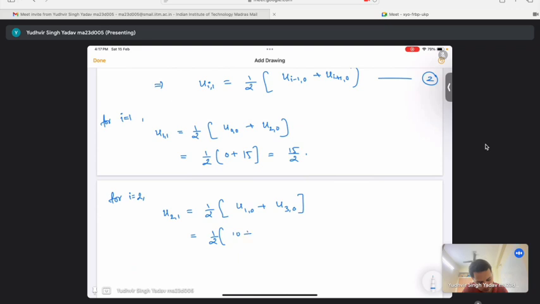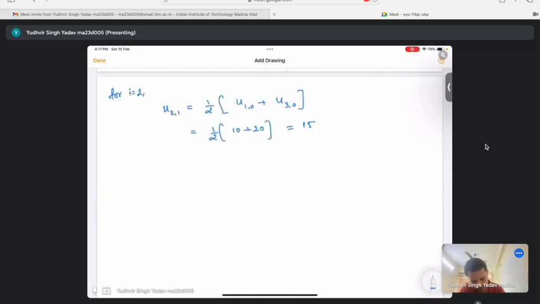So it will be 10 plus 20, it will be 15. Next, for i equals to 3, u(3, 1) is equals to 1 by 2 times (u(2, 0) plus u(4, 0)).